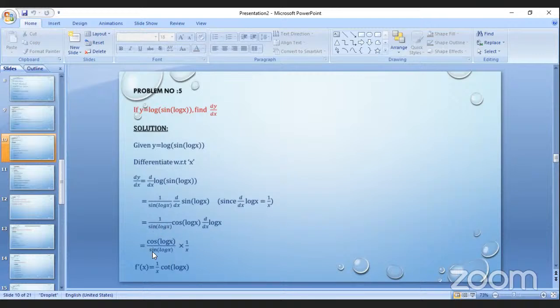Cos of log x by sine of log x is cot of log x, into 1 by x. So f dash x equal to 1 by x into cot of log x. So if y equal to log of sine of log x, then dy by dx equal to 1 by x into cot of log x.